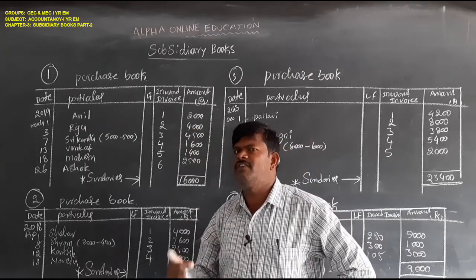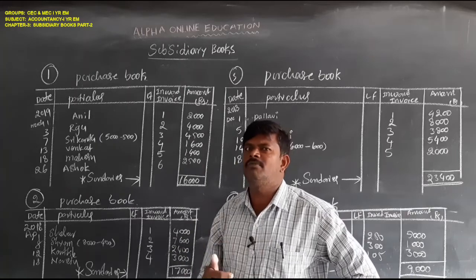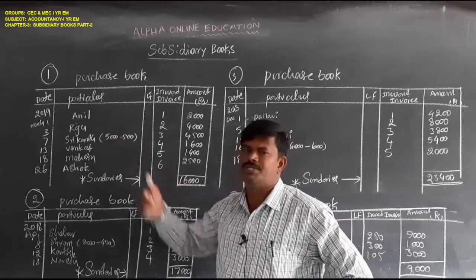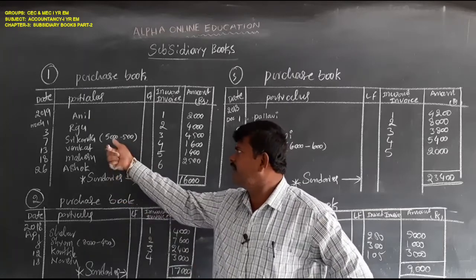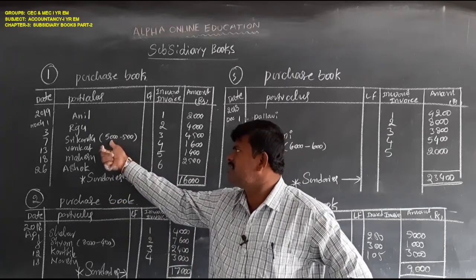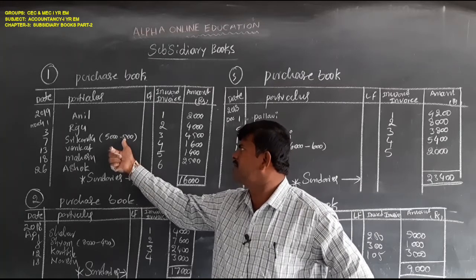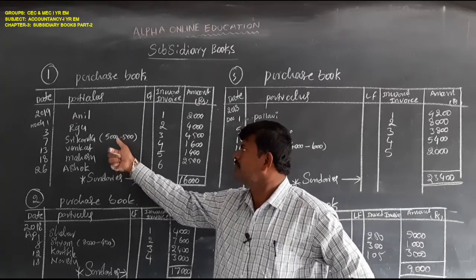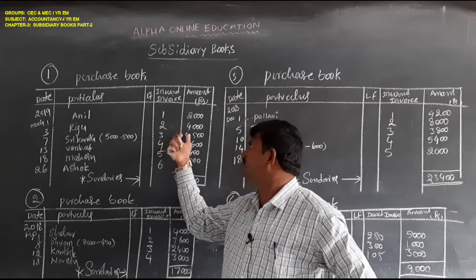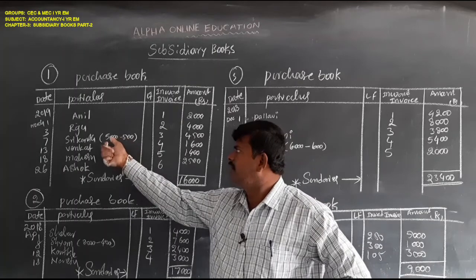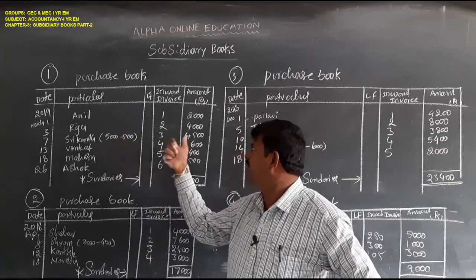If any trade discount is there, it must be deducted from the price of the goods. Suppose here 5,000 rupees is the price and discount is 10%, which is 500 rupees. So 500 rupees deducted, the remaining is 4,500 rupees. Just like that you have to deduct, and the net amount will be recorded here.